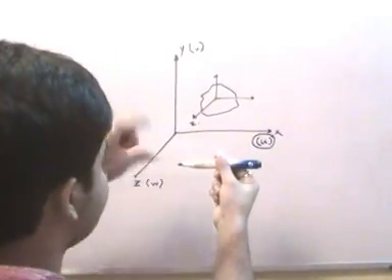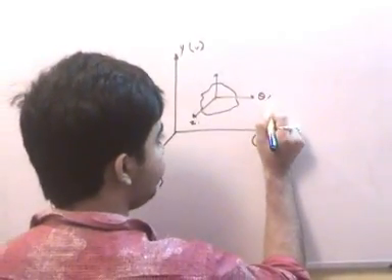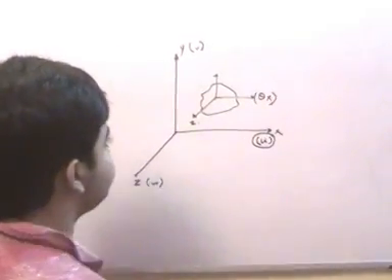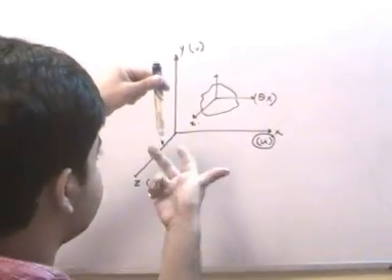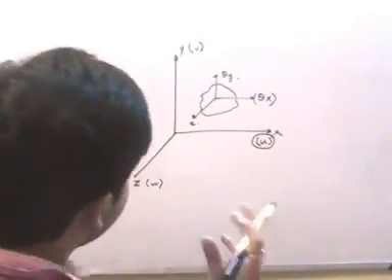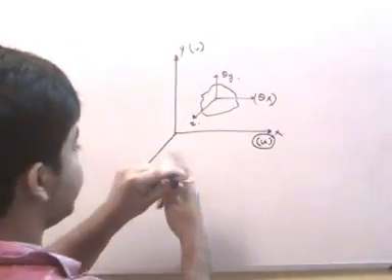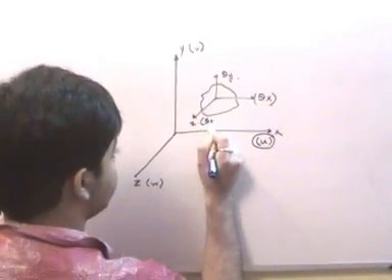That is, if this is the x-axis, the body will rotate like this. So there is one independent rotation about x-axis. If this is my y-axis, the body can rotate like this. So there is one independent rotation about y-axis also. And if this is my z-axis, the body can rotate like this. So there is one independent rotation about z-axis also.